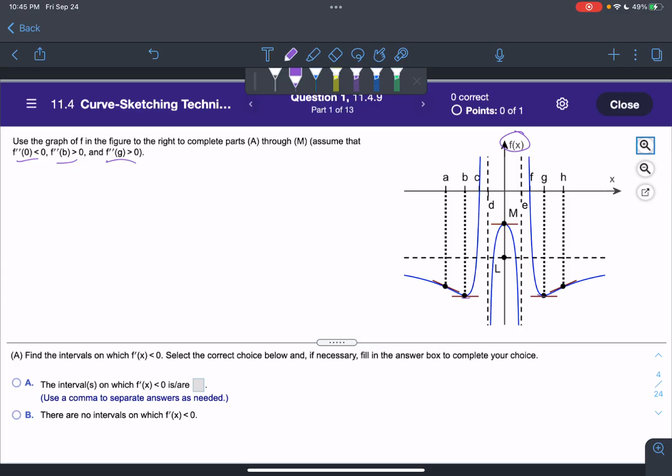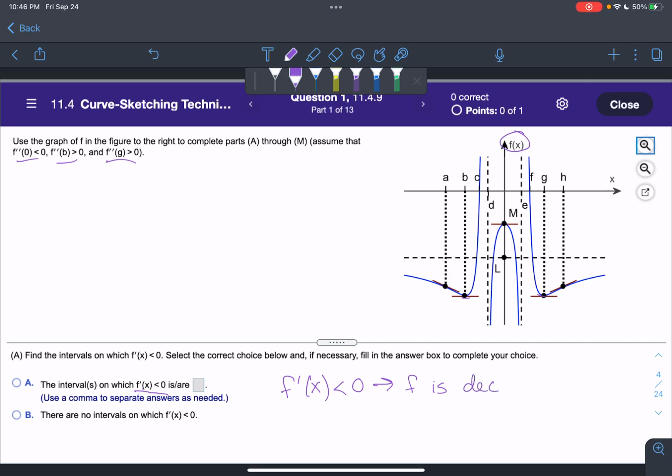So that's concavity, which kind of makes sense. But anyway, we want to know the intervals on which f prime is negative. When f prime of x is negative, that means my f is decreasing.